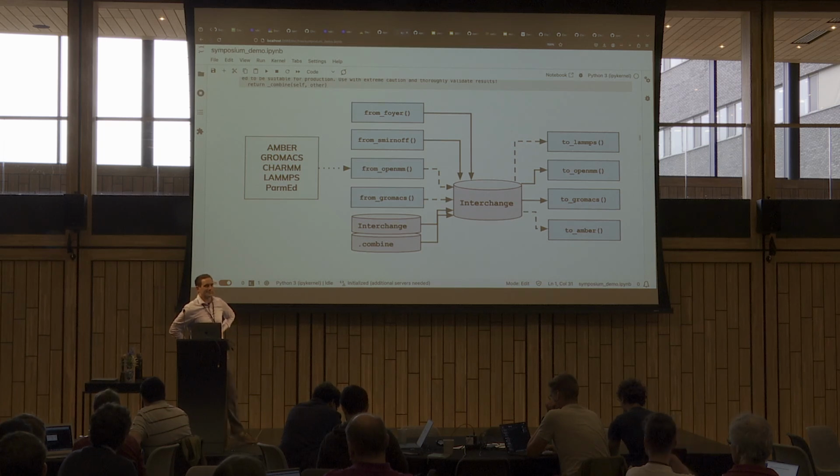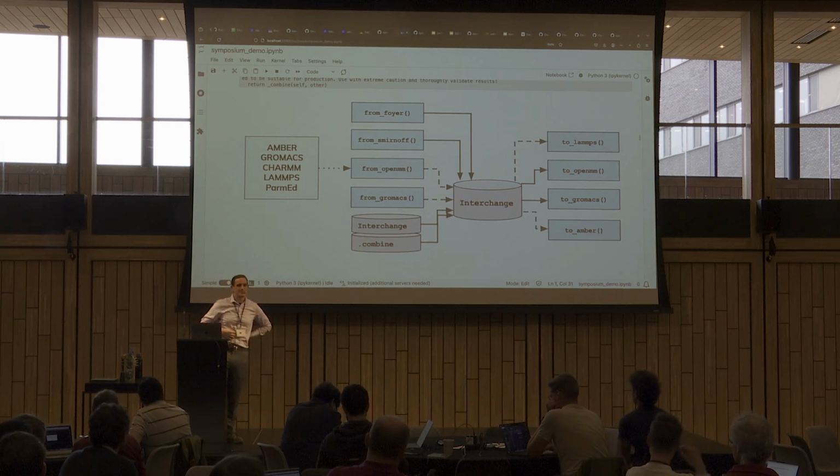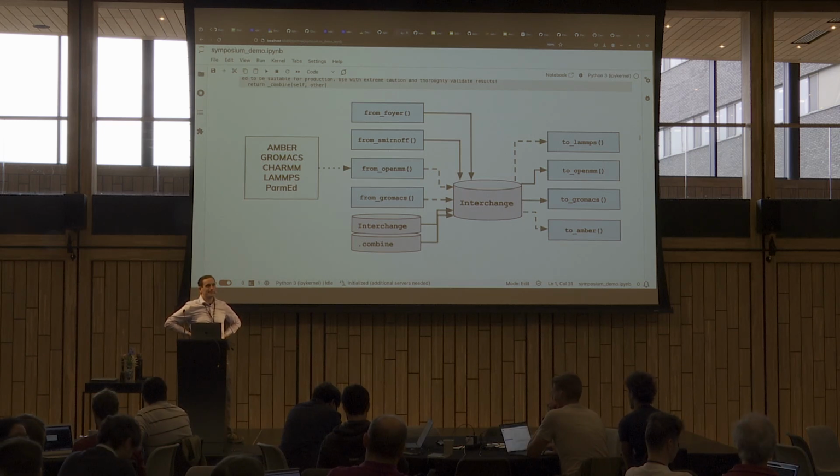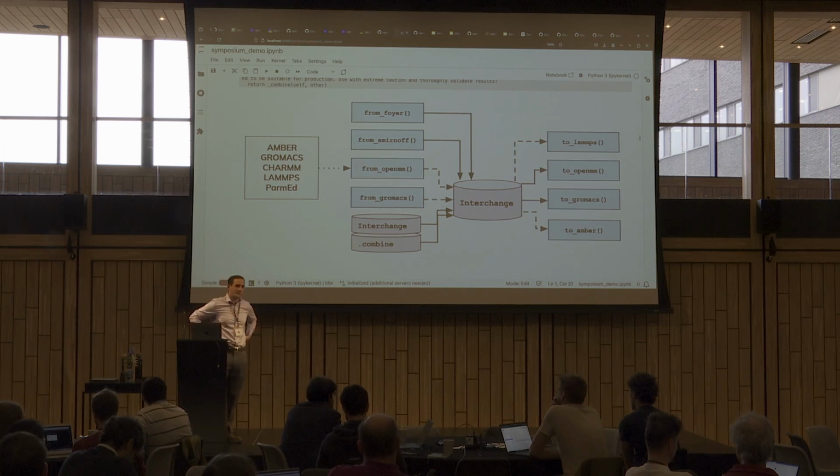Yes, it would take a few more lines of code, so I didn't do that. I found this was the more code golfy way to do it, but you could equally well go into the Interchange and just scale all the van der Waals there. Okay, then you could locally perturb the force field in the vicinity of the region of interest. That's actually quite nice. Yeah, thanks. You could look at some characteristic of where that specific ligand atom is and change its parameters according to your own logic.